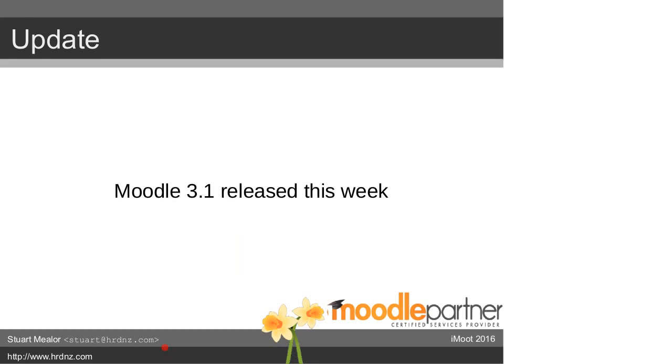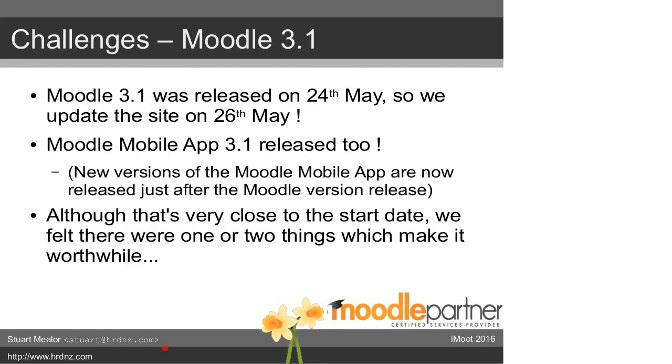And then, of course, last week something else changed, which was that Moodle 3.1 was released this week. So we decided that we wanted to update the MOOC site for this, and that's because the Moodle mobile app 3.1 is also released. In case you're not aware of this, the Moodle mobile app now has a release at the same time as the Moodle version.